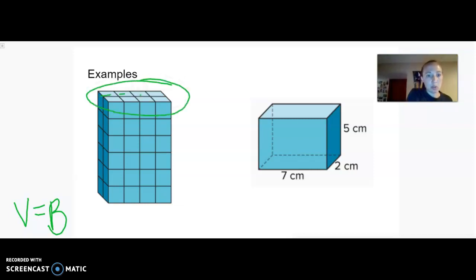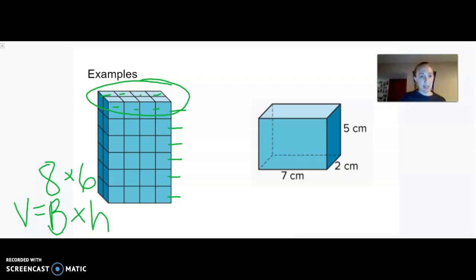So I have 1, 2, 3, 4, 5, 6, 7, 8. 8 is in the base. Now we multiply it times the height. 1, 2, 3, 4, 5, 6. 8 times 6 is 48. Remember, it's just like the last lesson. 8 cubes in one layer times 6 layers.